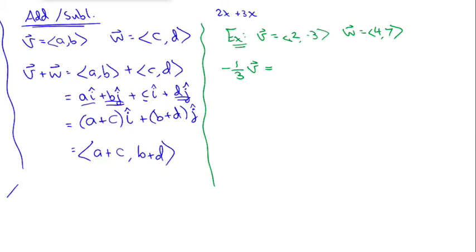That would just be negative 1/3 multiplied by 2, which is 2 divided by 3, negative 2/3, comma, 1. Yeah, and then 1. -3 times -1/3 is 1.